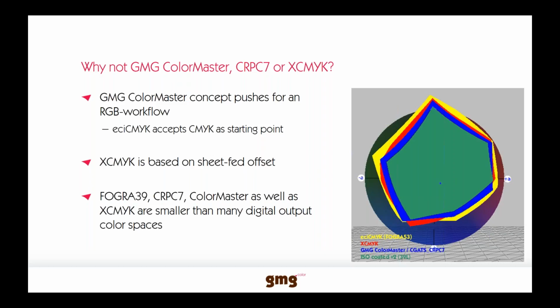In the US, since this year, 2017, there is a new exchange color space. This color space is based on sheet-fed offset, so it's not respecting digital output devices or the variety of digital output devices and the big color gamuts of these output conditions. The same is true with CRPC7, which is as well a color space mainly used in the US, published by CGATS.